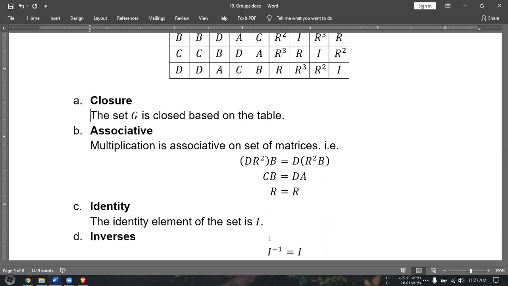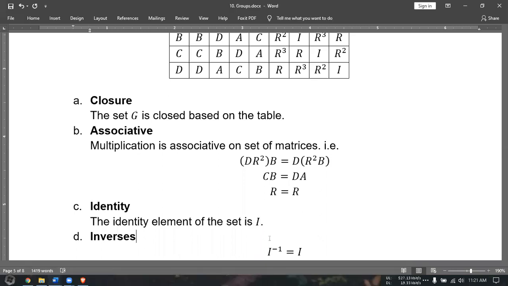And identity element, this is what I'm telling you a while ago. So nakita natin that if we multiply the matrix I to any of the other matrices, this will result to the same matrix. So this is actually our identity element.